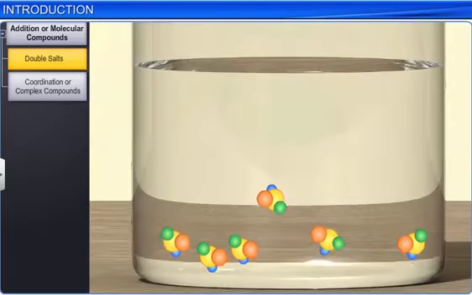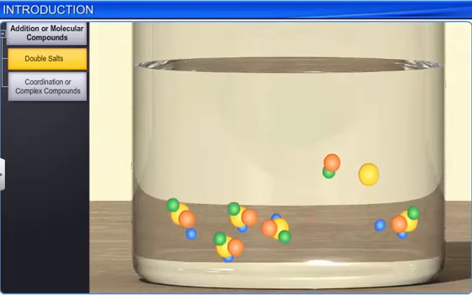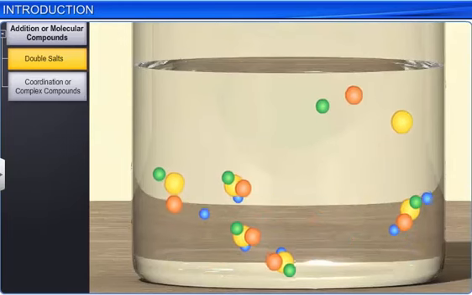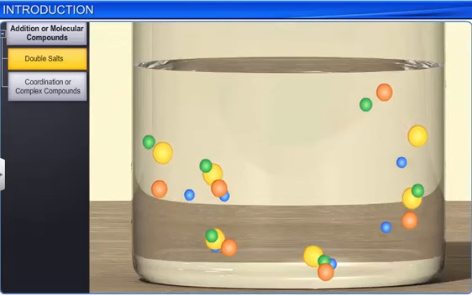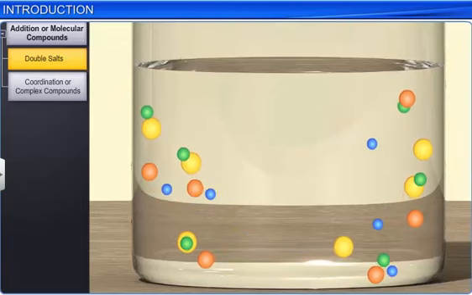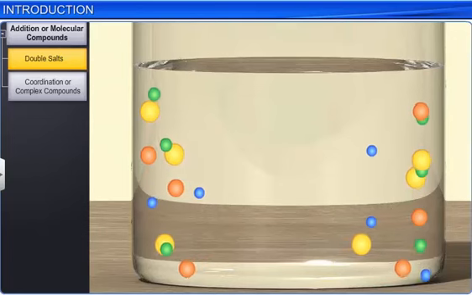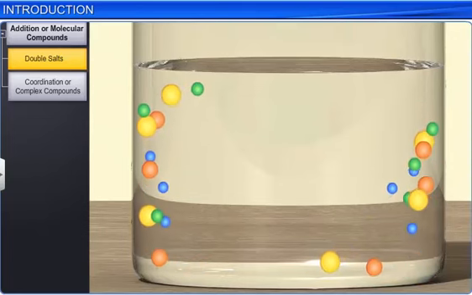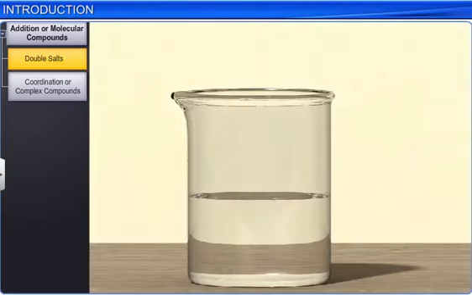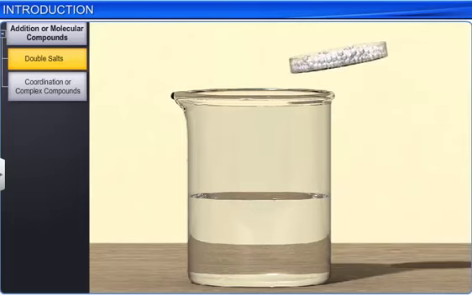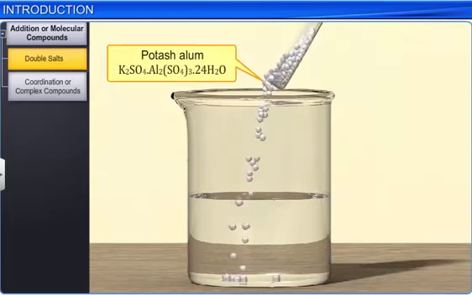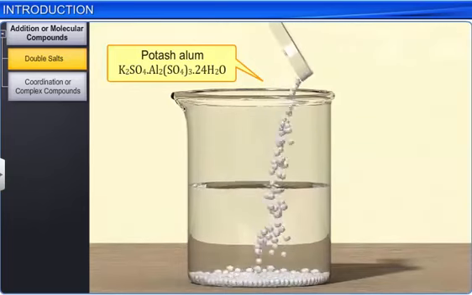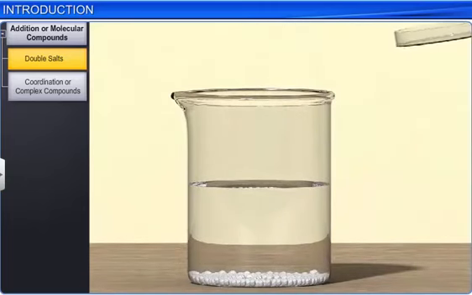Note that the individual properties of the constituents are not lost in these compounds. For example, an aqueous solution of potash alum will give the tests for K+, Al+3 and SO4-2 ions.